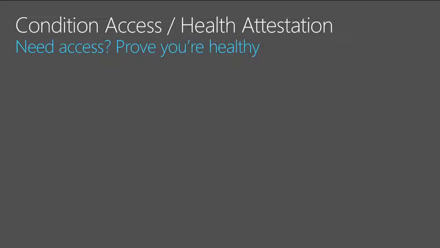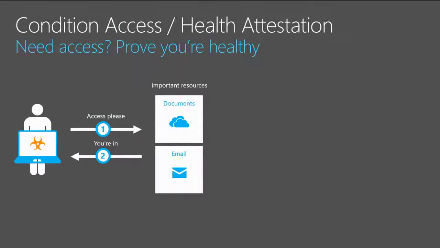A lot of organizations ask me, okay, why do you have conditional access for iOS and Android and Intune, and why don't you have it for Windows? And that is because it is in Windows, but it is in Windows 10. So that's where we put our investment. So what will basically happen is that in traditional environments where you don't have conditional access, and the condition is that you need to prove that you are healthy, it is, okay, give me access, yeah, here you have access.